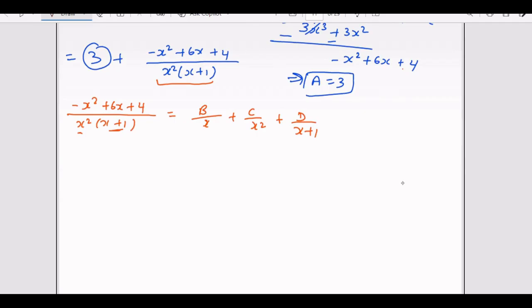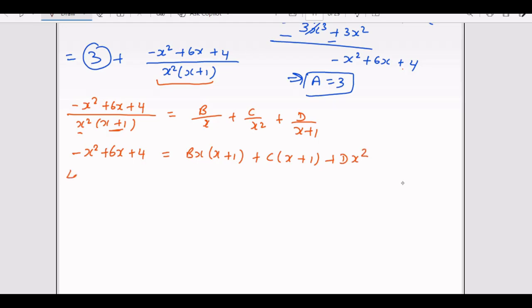So now you multiply again, we will use the same method. We have done many of them, I think that's very clear now. So this is going to be equal to b into x plus 1, plus c into x plus 1, plus d and x squared, right?